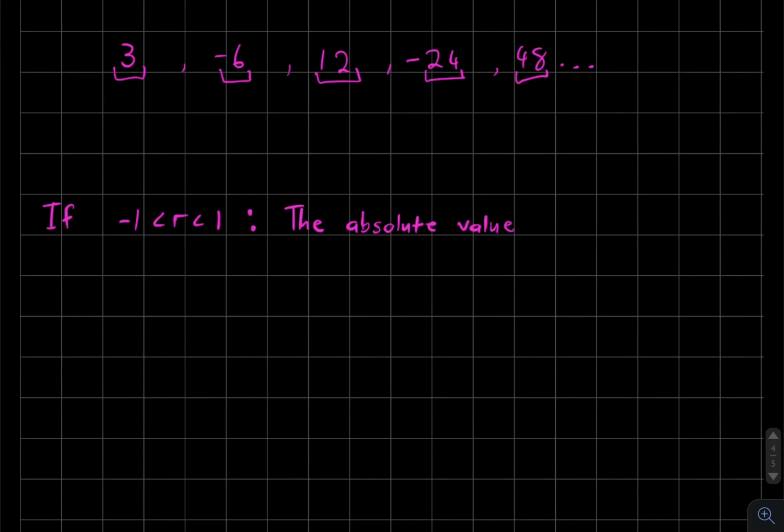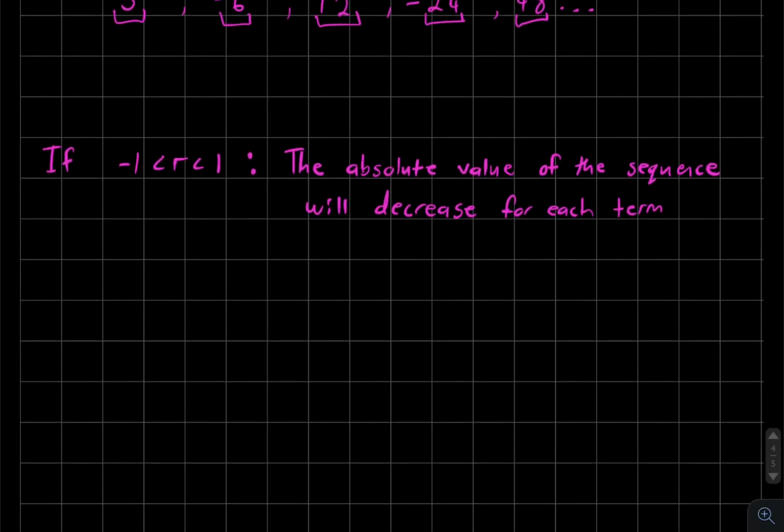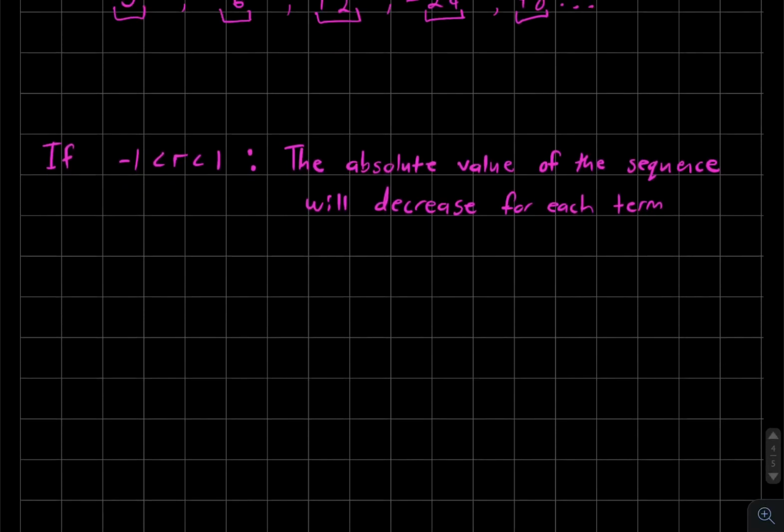So the absolute value of the sequence will decrease for each term. Okay? So I don't like the way this has been phrased.